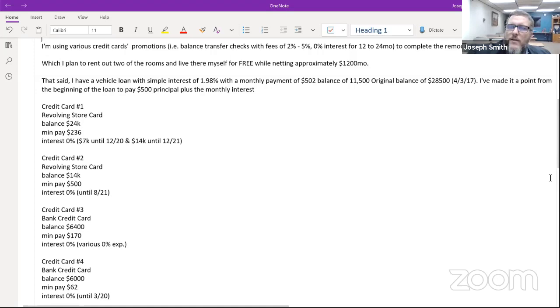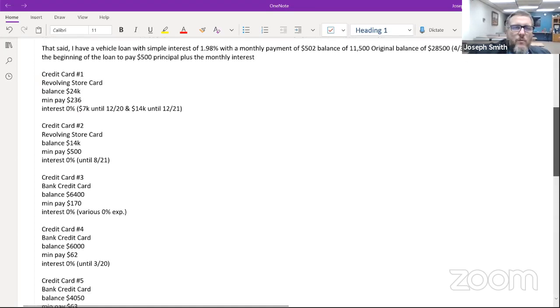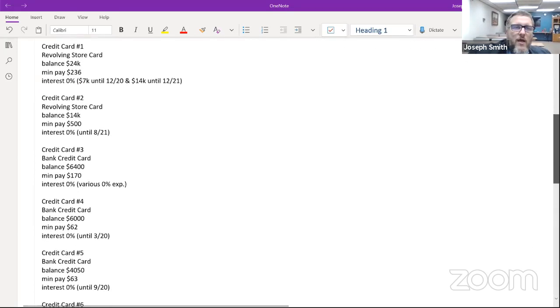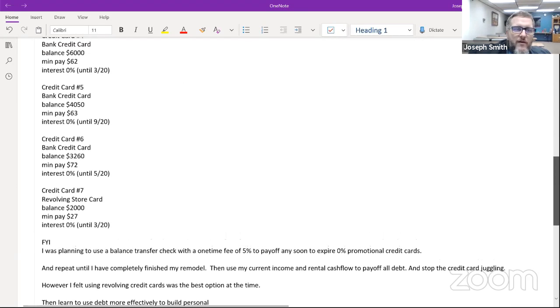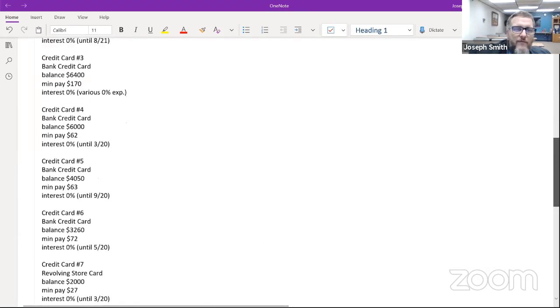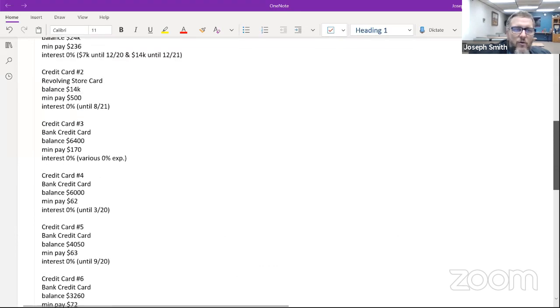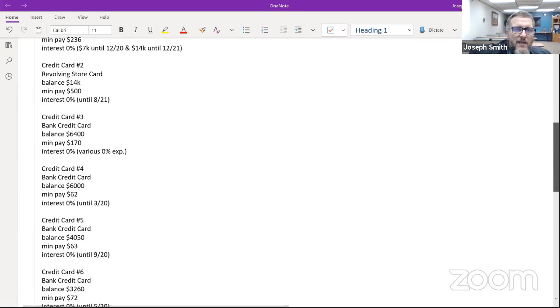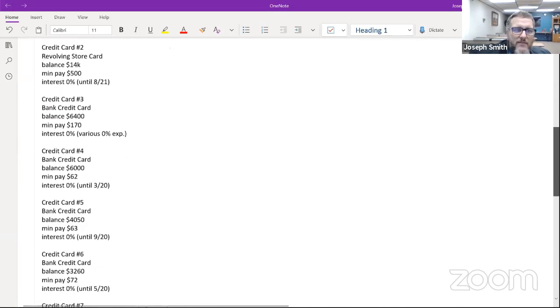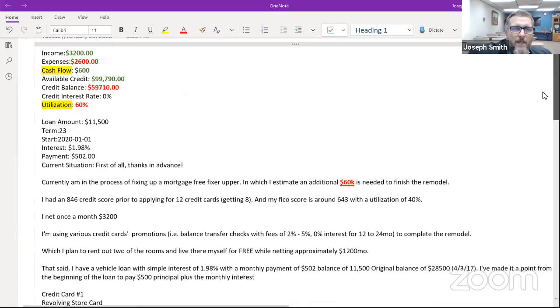So what that means is we kind of got to take a look. Now, I don't get all 8 of their cards. They go over 7 of them. And I don't know what the available limit is on each of the individual cards, but I see the balance.